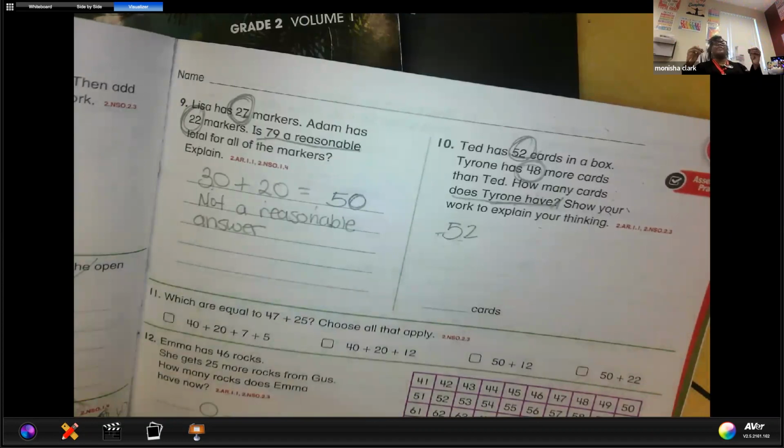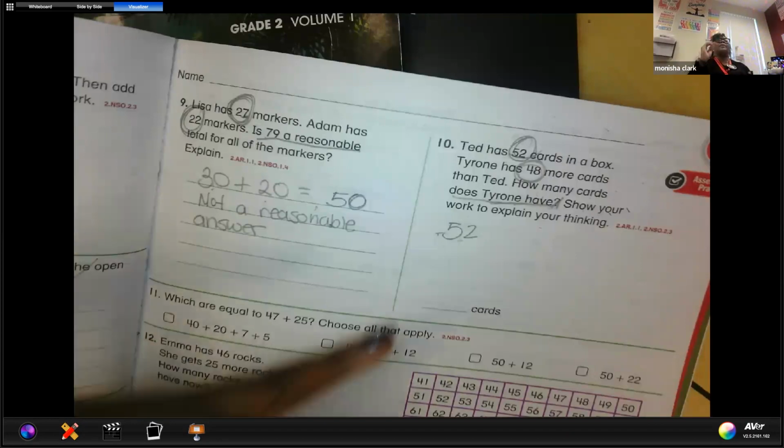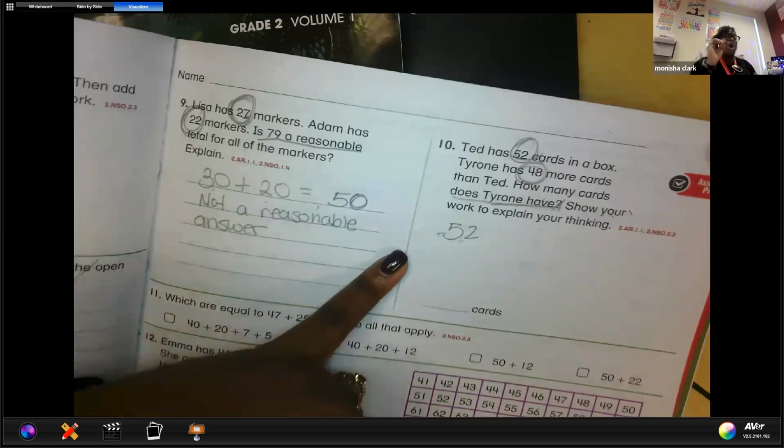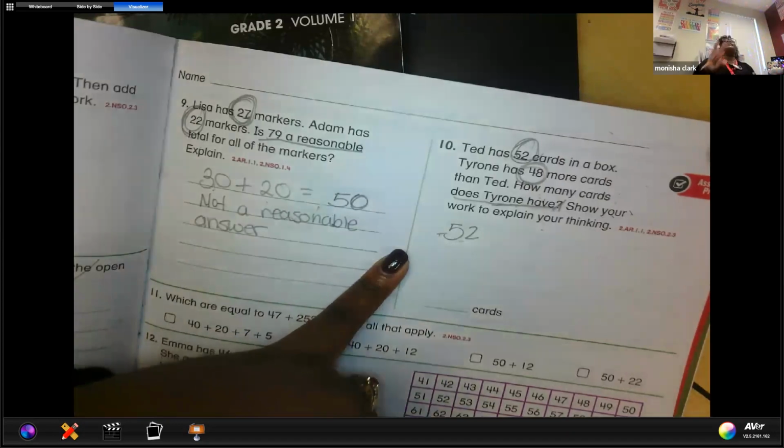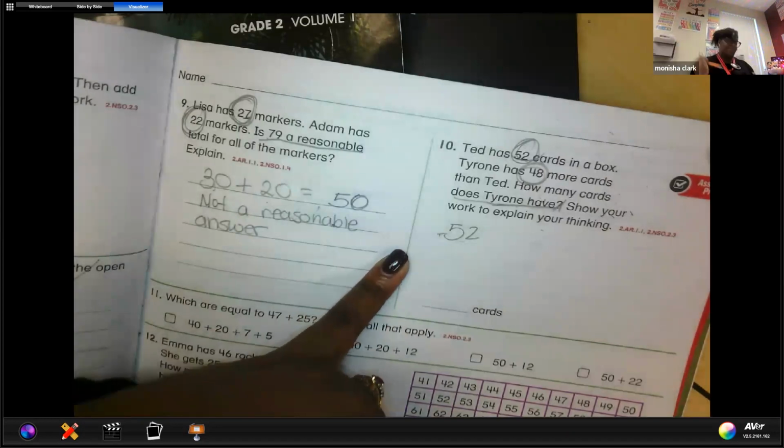Raise your hand if you think that means Eden has less. Okay. If you said that she has more, kiss your brain. So because we know that that means that someone has more, we are going to add. If it was that they had less, we would then subtract, meaning we would be taking away from the number, not adding to that number.